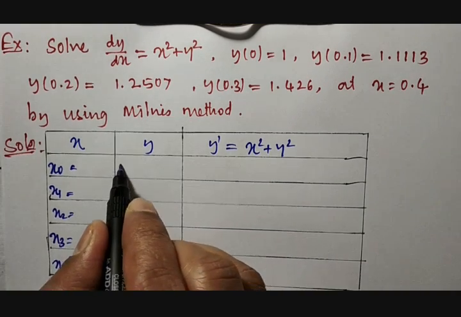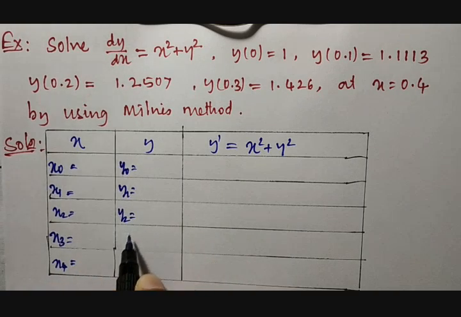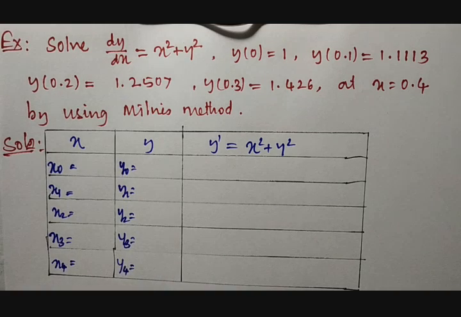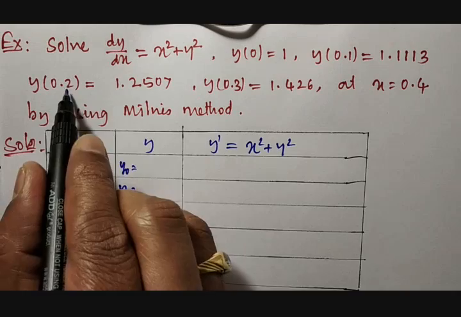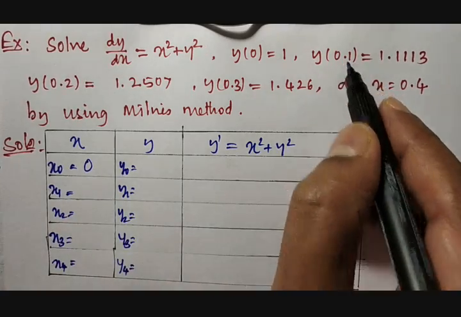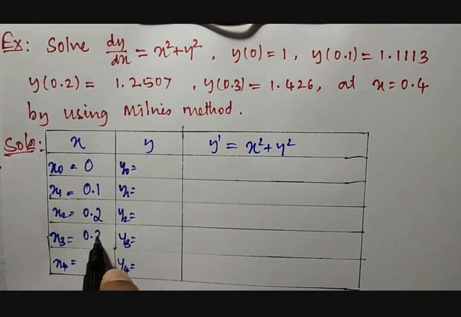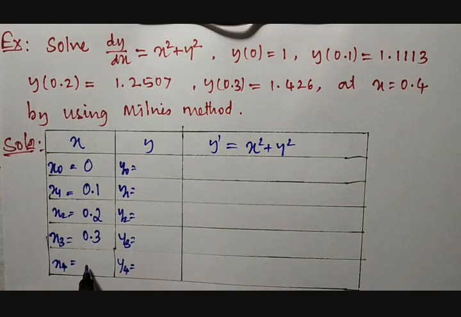Similarly y0, y1, y2, y3, y4. x0 starts from 0, then 0.1, then 0.2, then 0.3, then we need to calculate at 0.4.